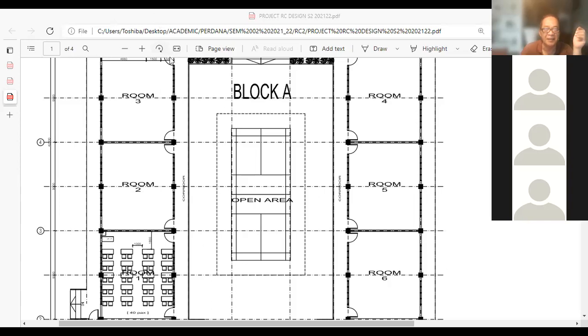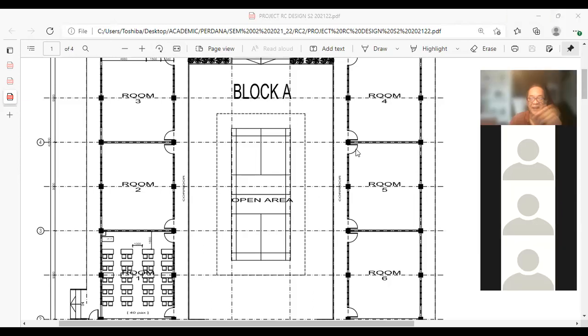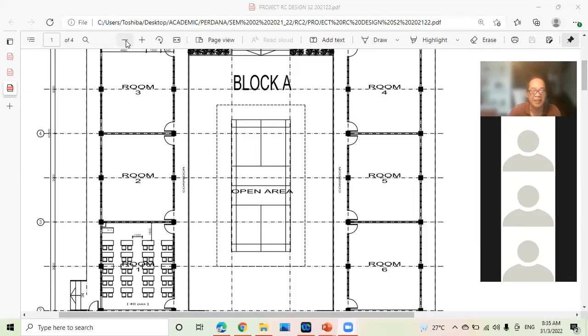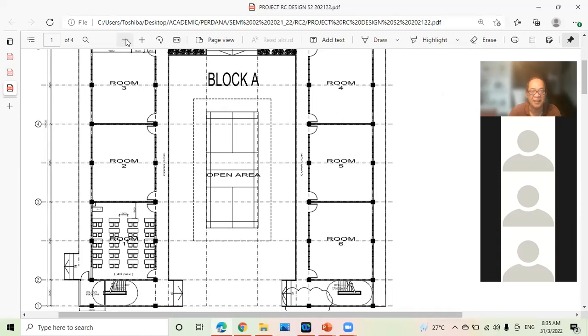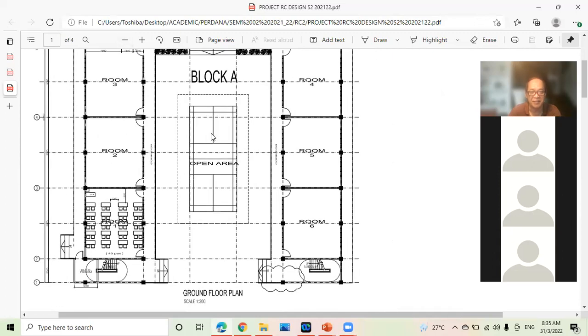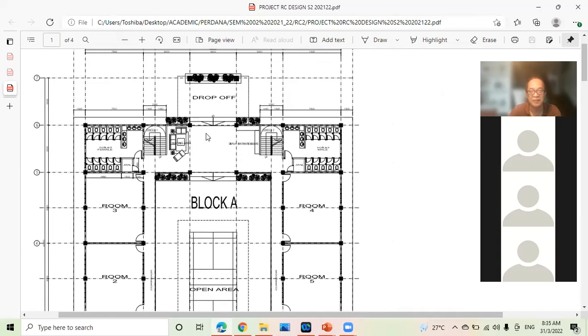Okay, I'm sharing this. Okay, this is the new share, right? So this is the project that has been given kepada all sections sebenarnya. RC2 section, we have 3 different sections, section 1, 2 and 3.